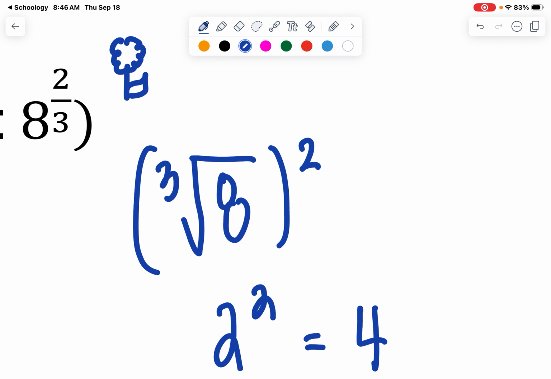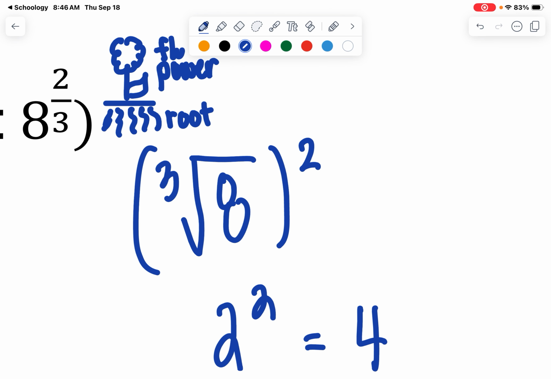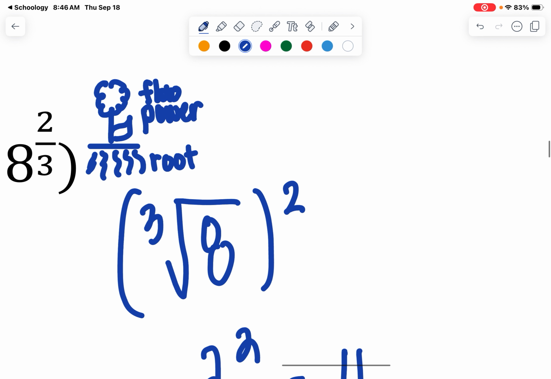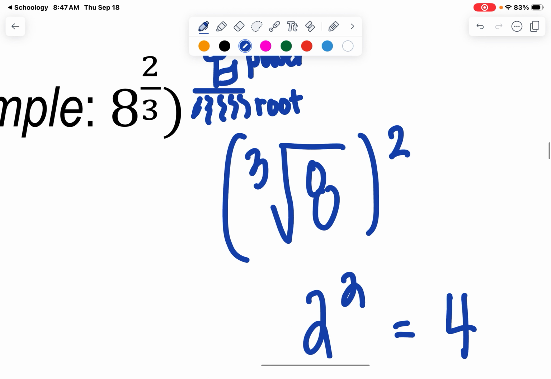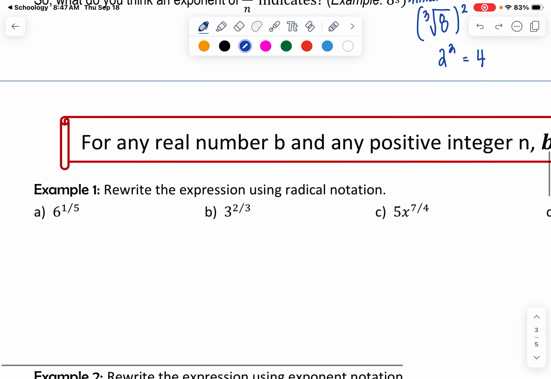Here's that bar, but that's also the ground. Here is where the flower's roots are. So this is root, and this is power. What kind of power? Flower power. So your power is up top, and your root is on the bottom. If you look at it as the 1/3, the root on the bottom, and the square on the top, that also makes plenty of sense.